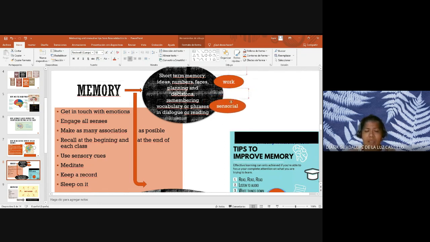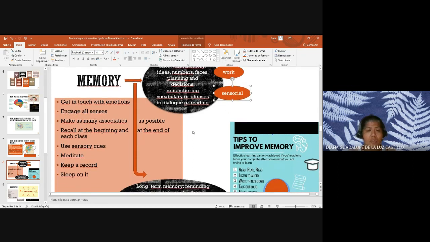This memory works with the senses. It has to do with the exposition to students to touching, feeling, breathing, seeing, and it is also a short-term memory.